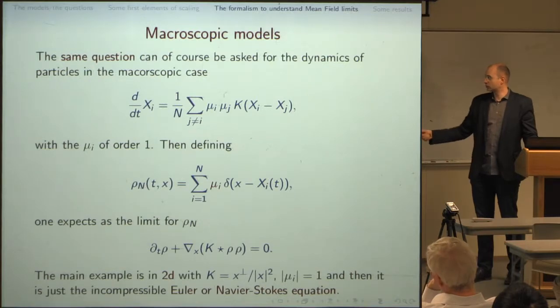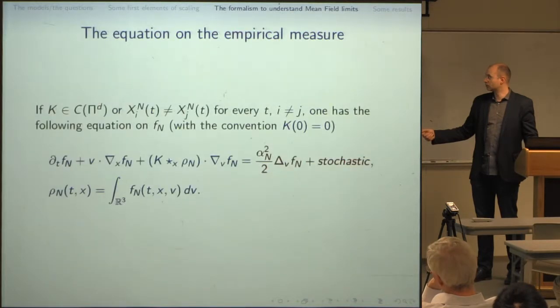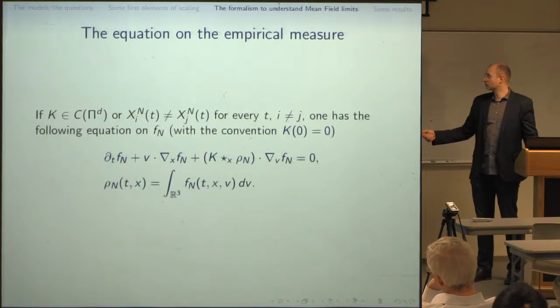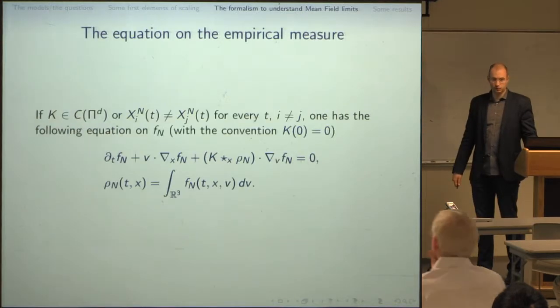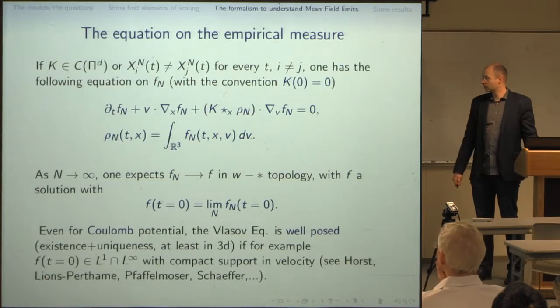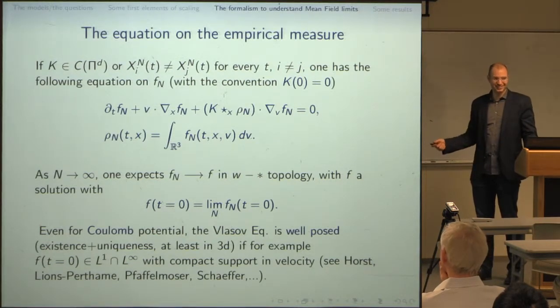This is the macroscopic case, order 1, and this is the phase space, order 2. So you integrate out the velocity. Yes, yes, it's the phase space. I should call it mesoscopic, but most people are not very familiar with that.